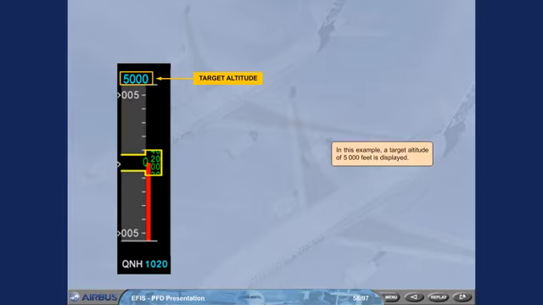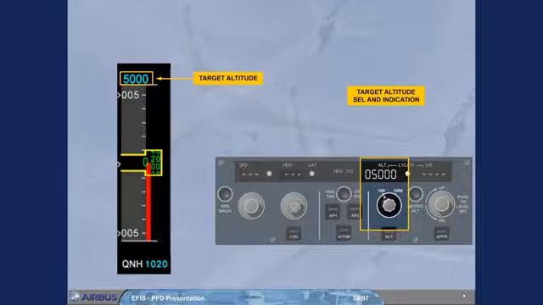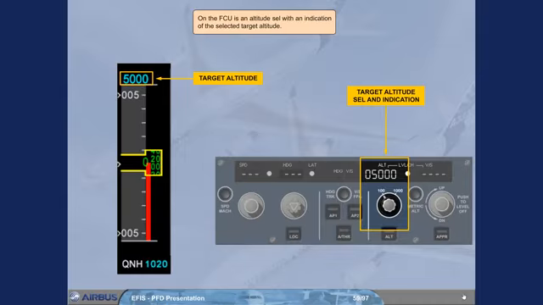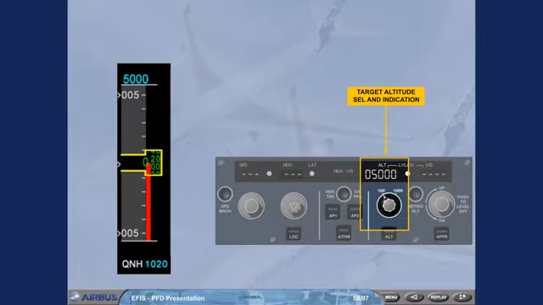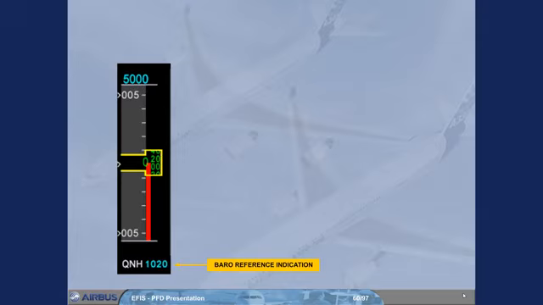On the FCU is an altitude selector with an indication of the selected target altitude. At the bottom of the altimeter is an indication of baro reference. In the example shown, the QNH is 1020 hectopascals.